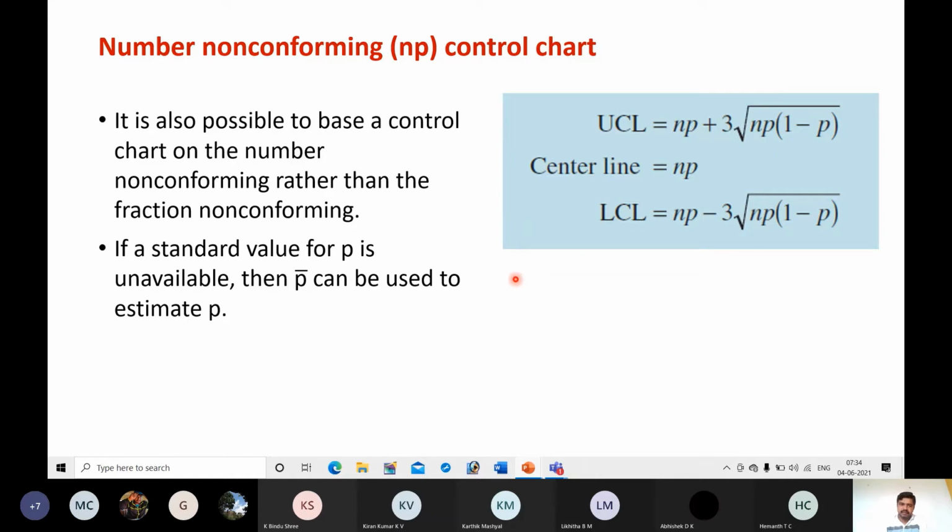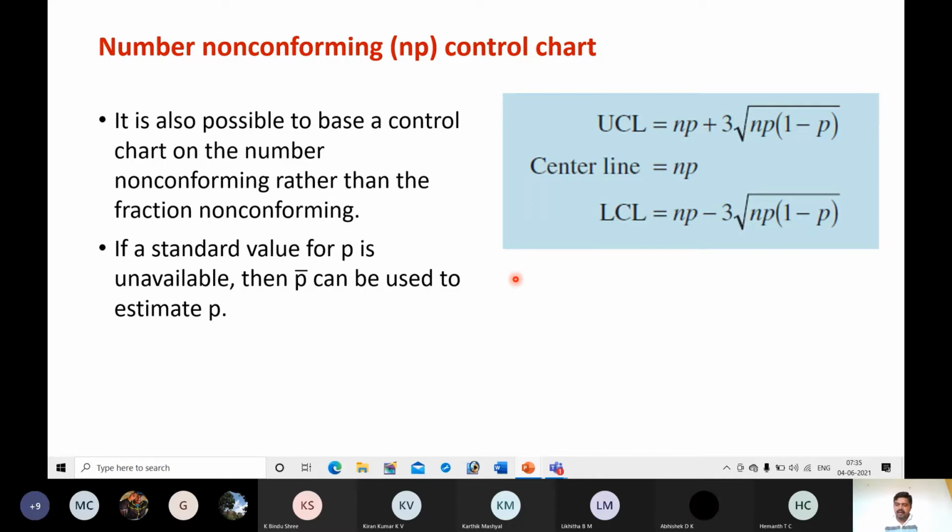So there's a difference between fraction non-conforming and number non-conforming. Non-conforming is about defectives, or poor quality products. In case of fraction non-conforming, we are considering out of the sample, or out of the overall lot or population, how many are defective.